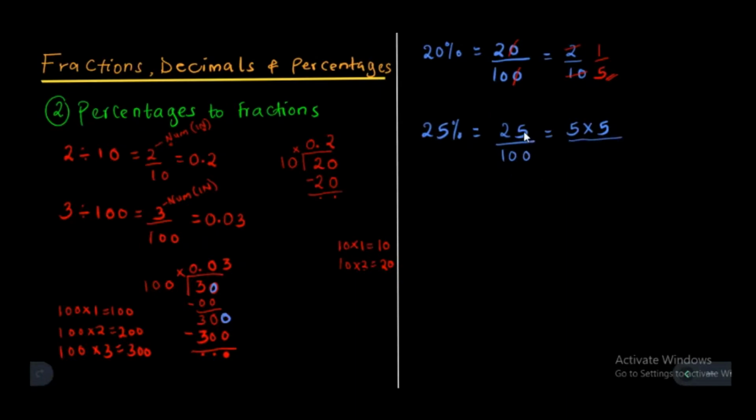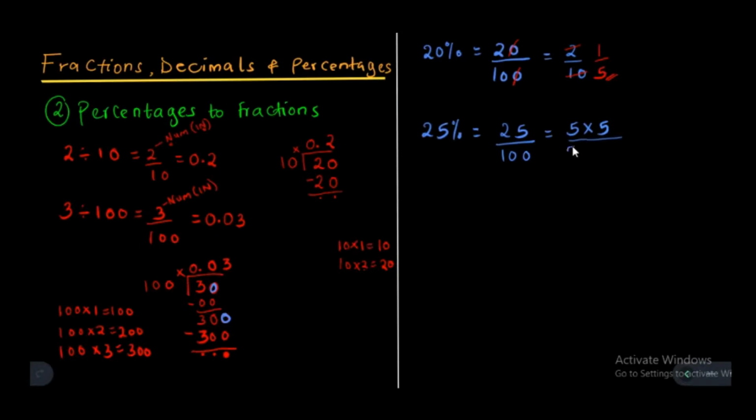Now I want you to keep in mind that in the divisibility test, when we have a number that ends with a 5 or a 0, it means that number is divisible by 5. That's why I am finding these numbers as a product of factors.